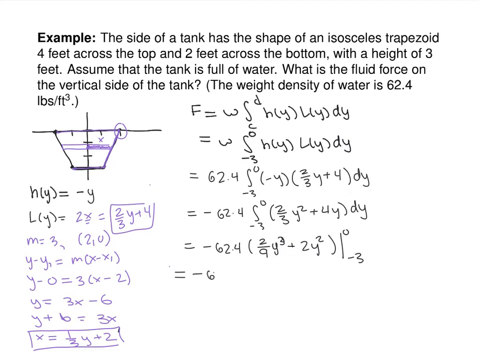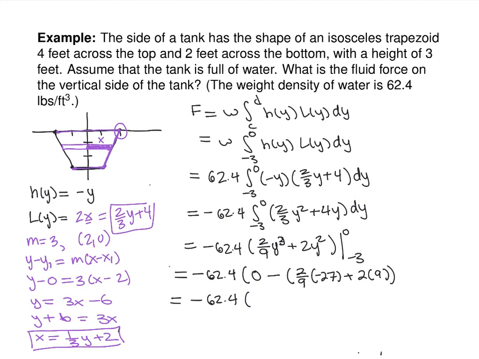So we have -62.4. When we plug in 0, we get out 0, minus. Now when you plug in -3, we'll have 2/9 times -27 plus 2 times 9. So that's -62.4. All right, 27 divided by 9 is 3. Multiplying by 2, we have a 6, and just keep track of your negative signs.